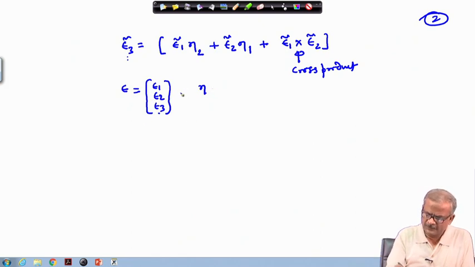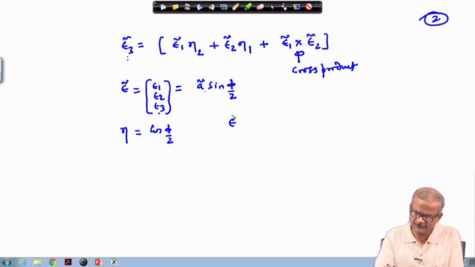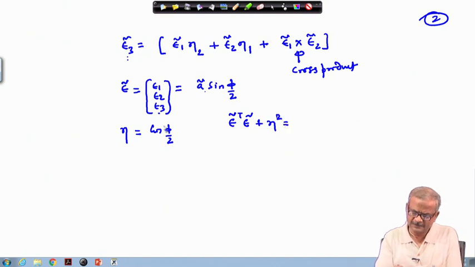where this quantity is nothing but this epsilon tilde equal to E1, E2, E3 equal to A tilde sin phi by 2 and similarly eta, this we have defined as cos phi by 2. Now, if we look into the properties of this, if we write it this way and plus eta square, just check how much it is.